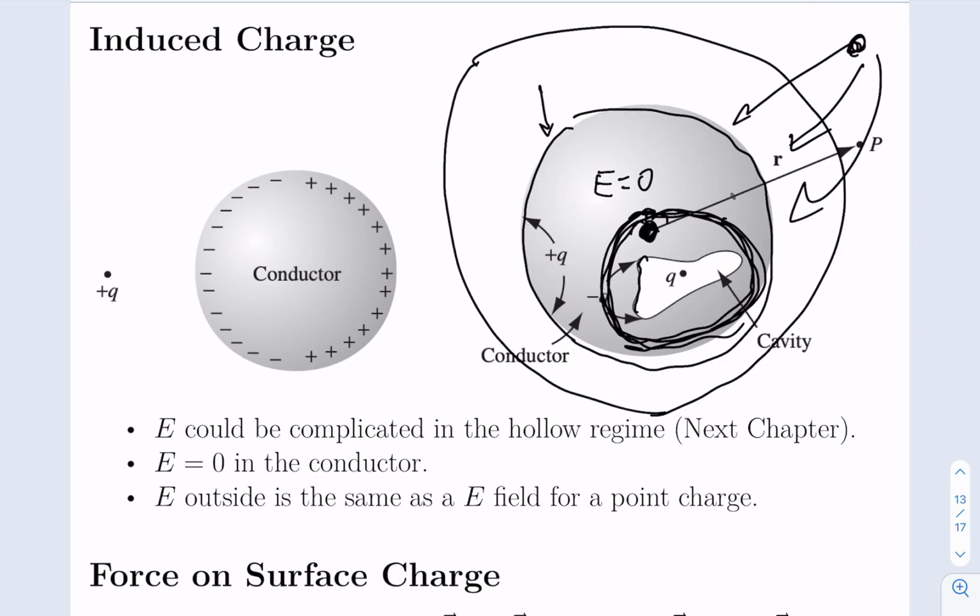And so if you look at this problem, what's really unknown is in the hollow region. Outside this conductor, it behaves like a point charge, and inside the conductor, the electric field is 0. What's inside the hollow region can be complicated, and this is something we can try to calculate in the next chapter.